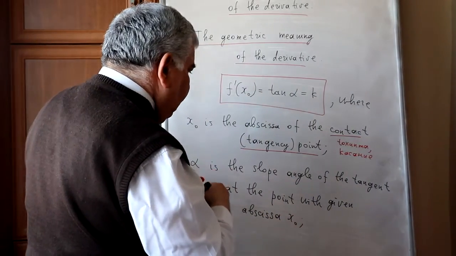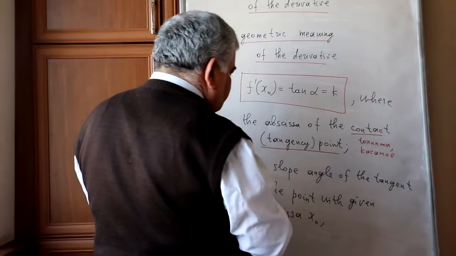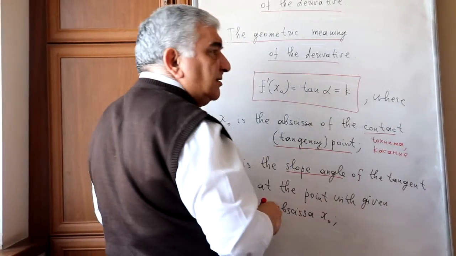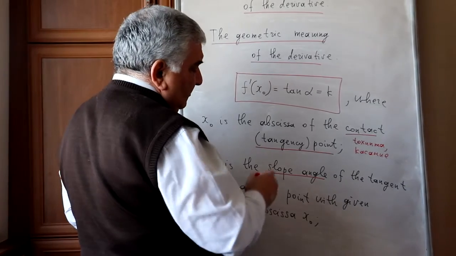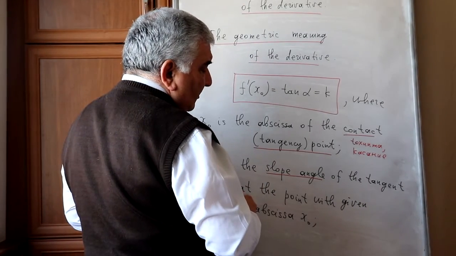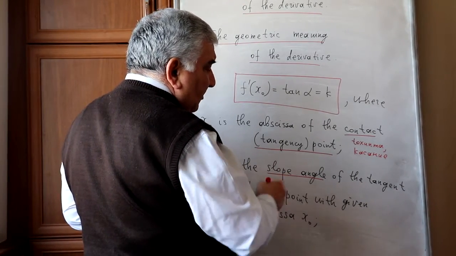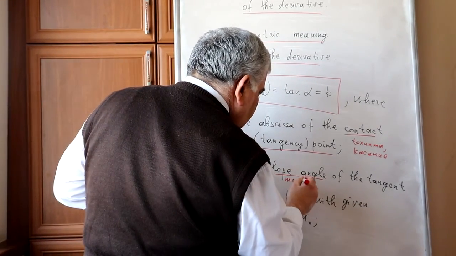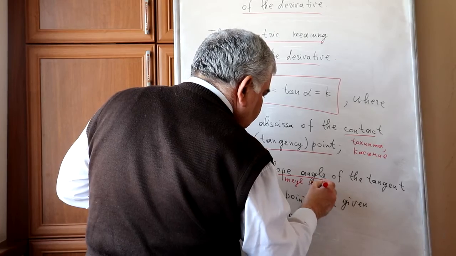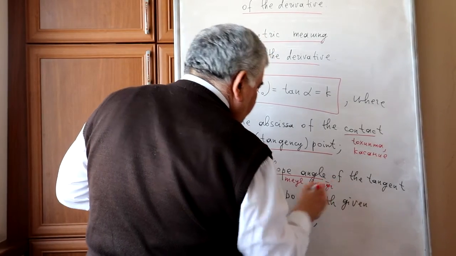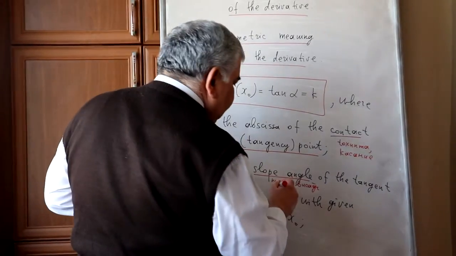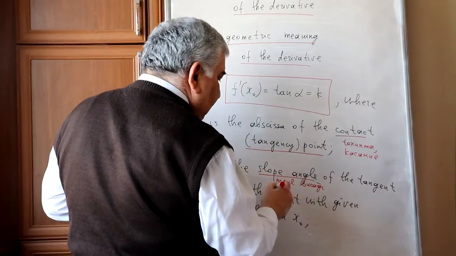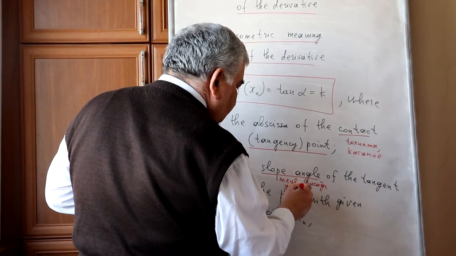Here slope angle is in Azeri meyil bucağı. In Russian it is угол наклона. Angle, slope.